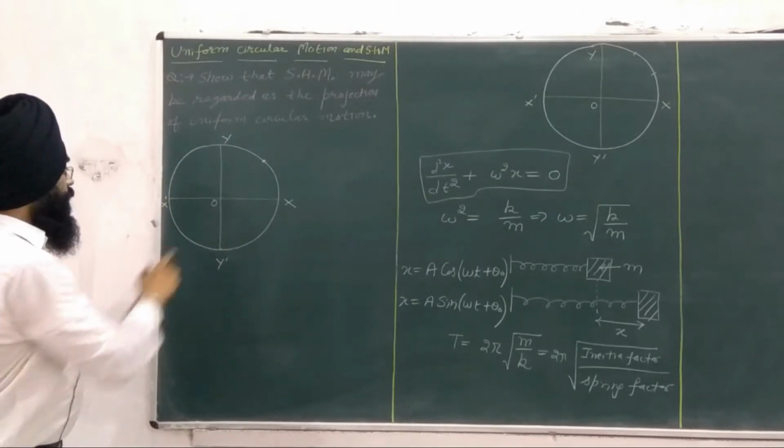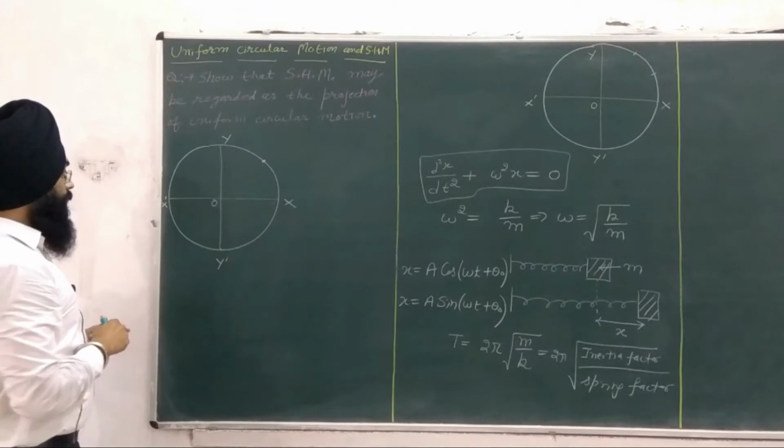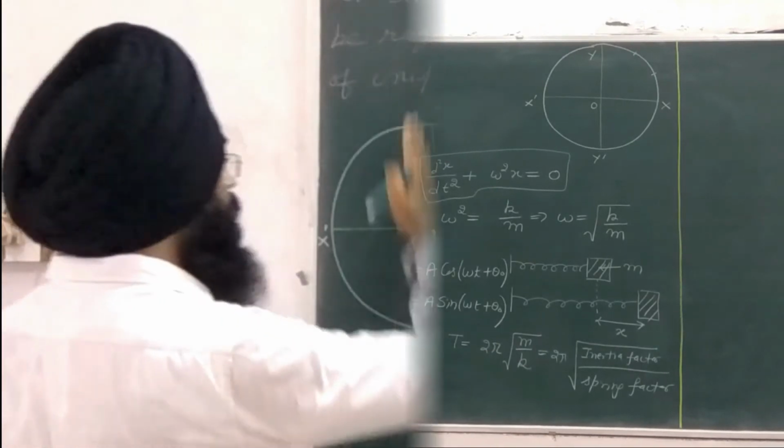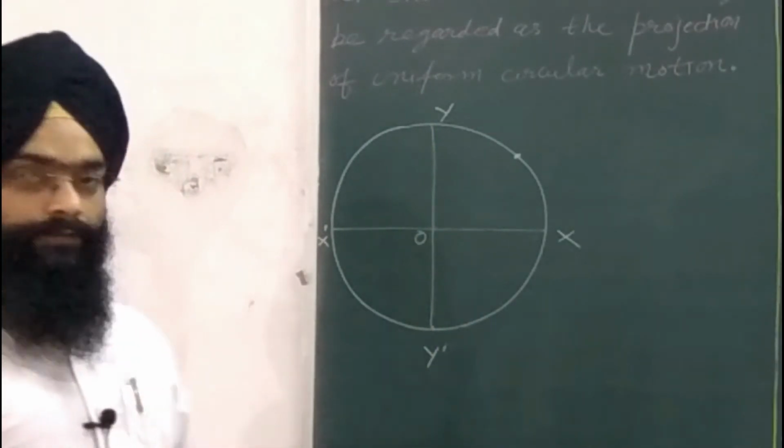In this case, O is the center of the circle. X dash x is the x-axis and y dash y is the y-axis.